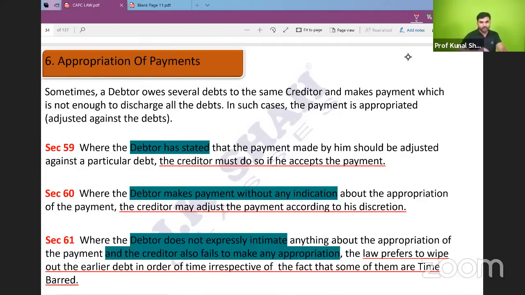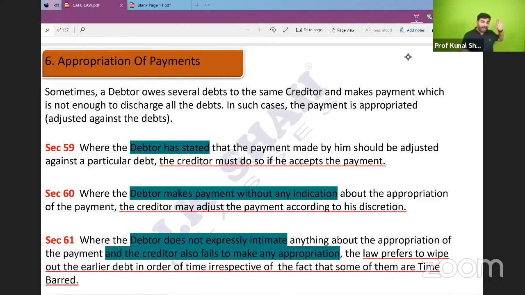Once again, the rule of appropriation of payment says that whenever there is a debtor who has taken multiple loans from a single creditor, then at the time of repayment of those debts, it is the debtor who will decide which amount he has repaid out of so many loans. If the debtor says that I have repaid this, this, and this amount, then the creditor should give effect to only those amounts that he has received back.